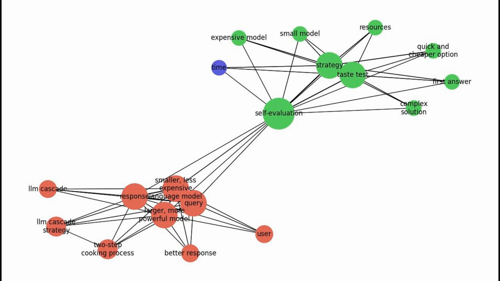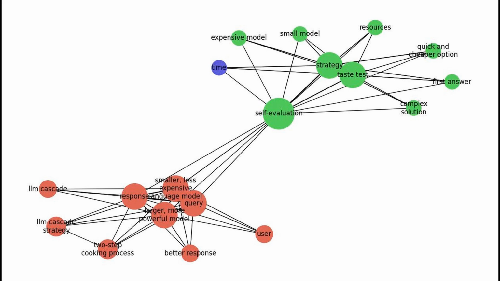In the context of LLM cascade, the process begins by sending a query to a smaller, less expensive language model. This model generates a response. After that, it checks its own answer to see if it did a really good job. If the small model believes its answer is correct, that answer is sent back to the user.